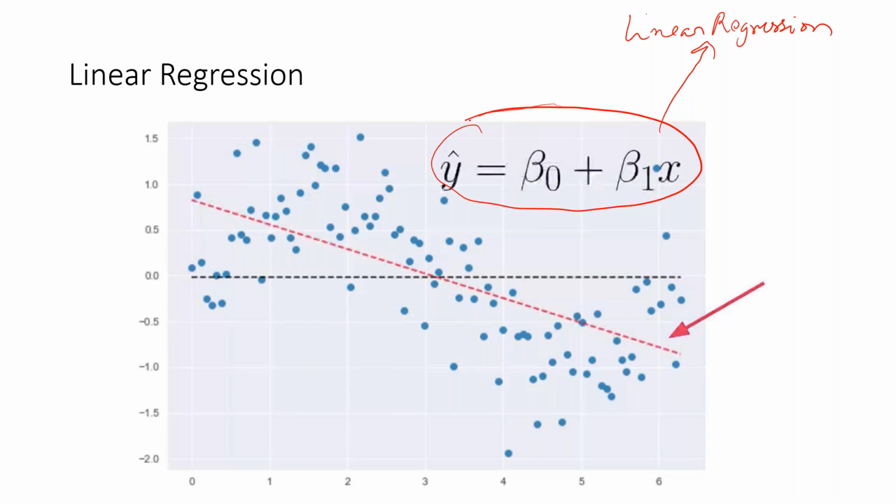So when I train a scikit-learn linear regression algorithm using my data, it fits the data into this red dotted line. So using this algorithm, this red dotted line is my model.